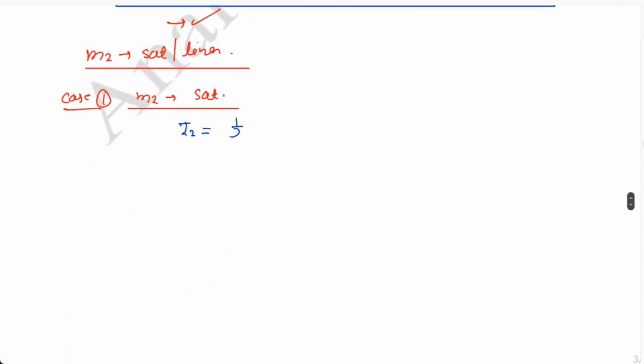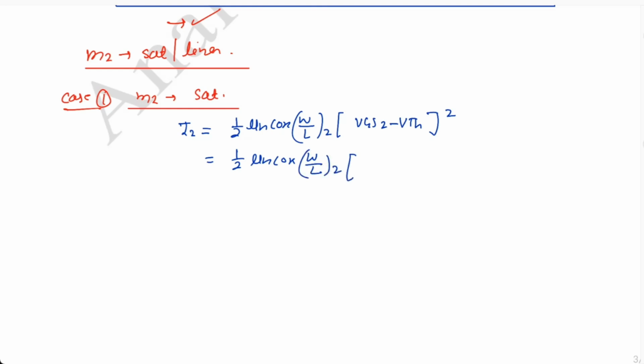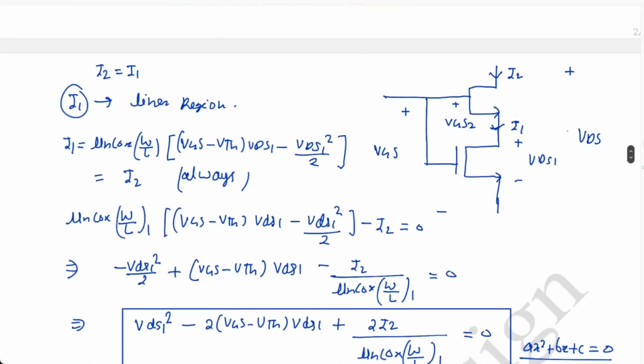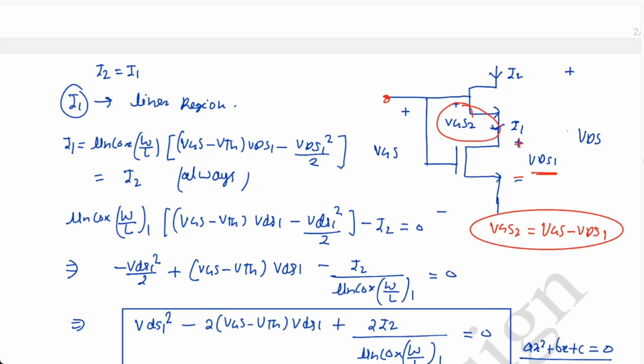What is VGS2? VGS2 is VGS minus VDS1, so VGS minus VDS1 will be this VGS2.